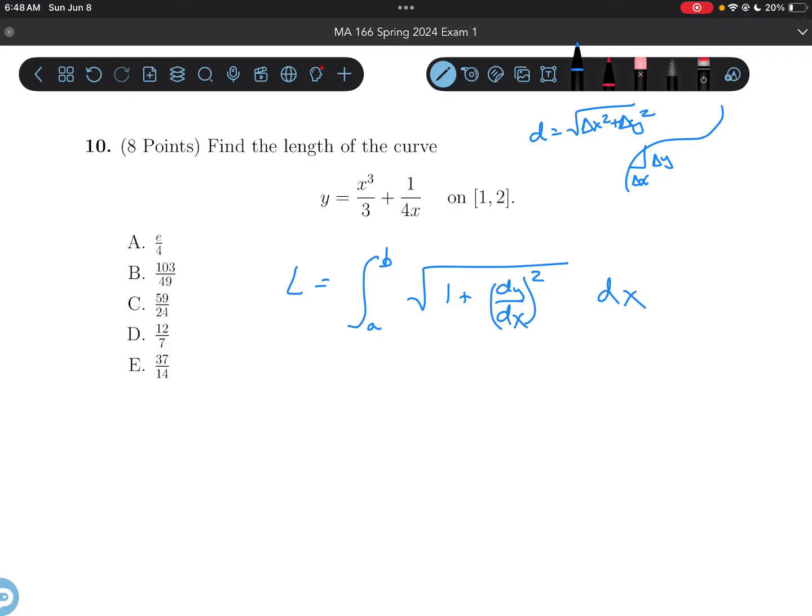And then now what I can do is I can take out the delta x, and so I get d is equal to the square root of 1 plus delta y over delta x squared, times dx on the outside. And then you'll see that this looks very similar to this.